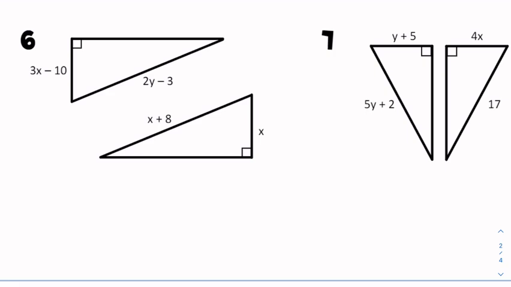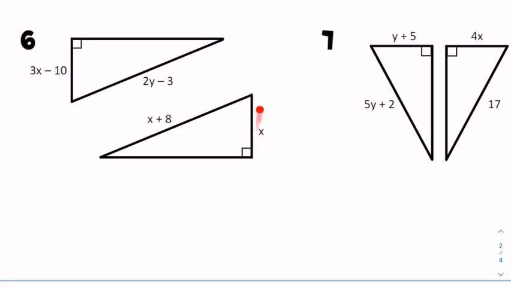All right, let's look at number 6. Same instructions. We're finding for what values of x and y the two triangles are congruent by HL, meaning the hypotenuse and leg we know are already congruent. So we're going to start by looking at the hypotenuse and legs for this situation. I'm going to start with the ones that have x's for both of them.